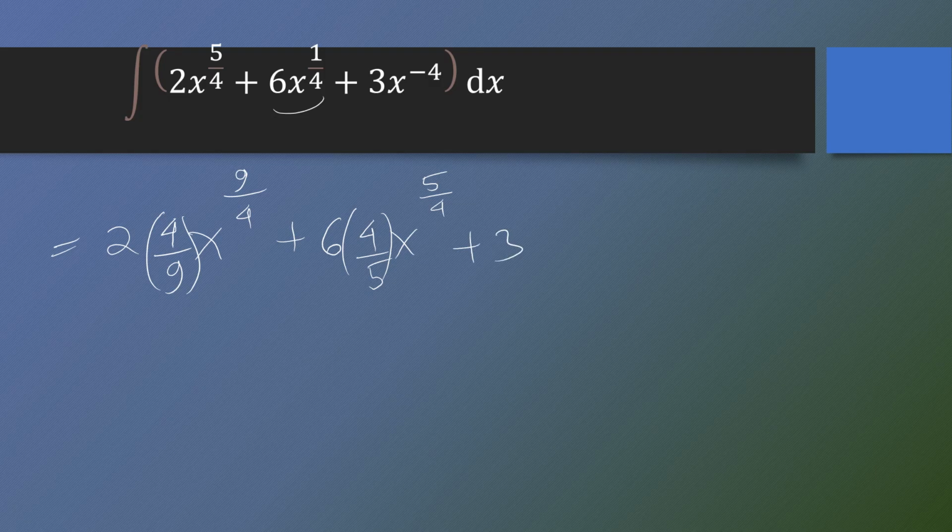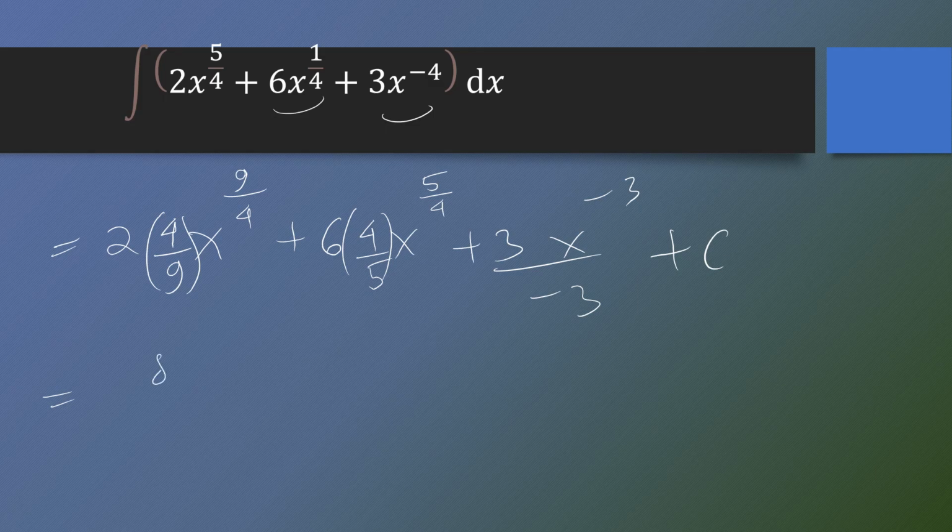And then in the last term, we get negative 4 plus 1, we get negative 3 and divided by negative 3, plus c. And then if we can still simplify our expression, just write it.